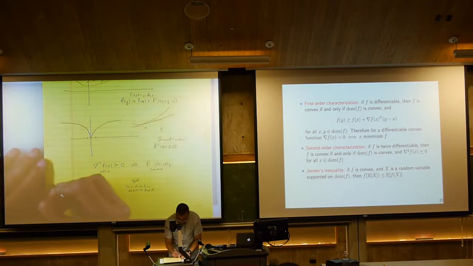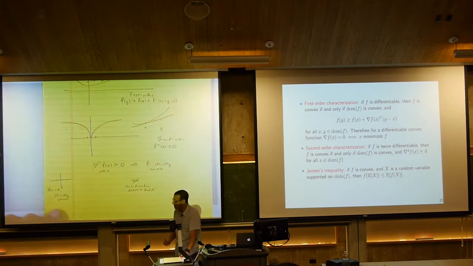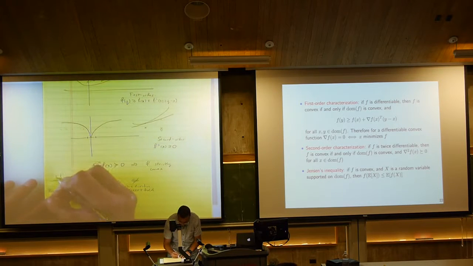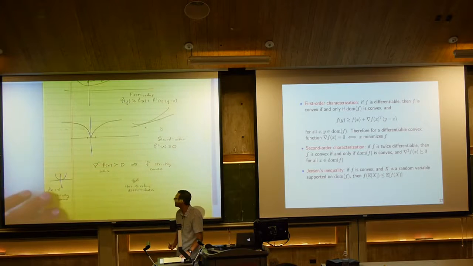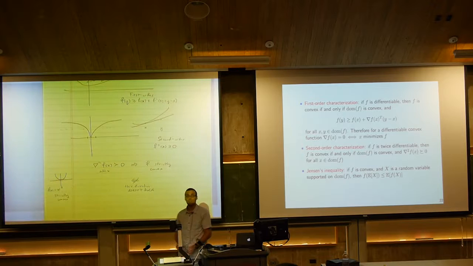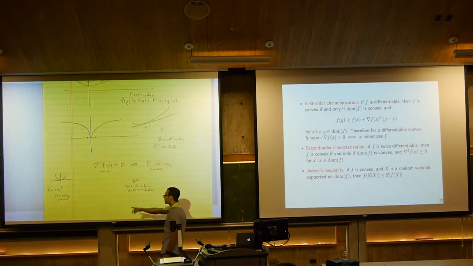On the other hand, its second derivative at 0 is 0, since it's just some multiple of x squared. I don't know if I can draw x to the fourth very differently from the way I draw x squared, but the second derivative at 0 is actually 0. It has no curvature at 0.